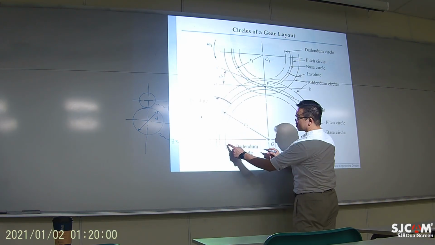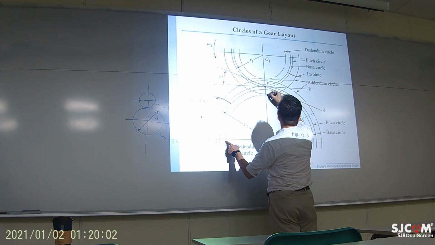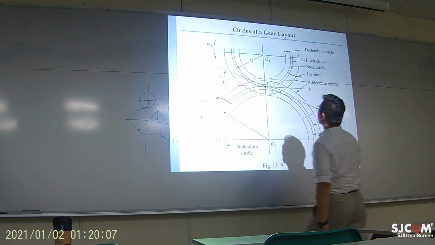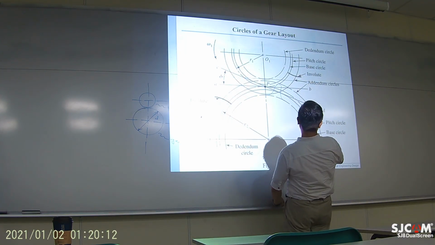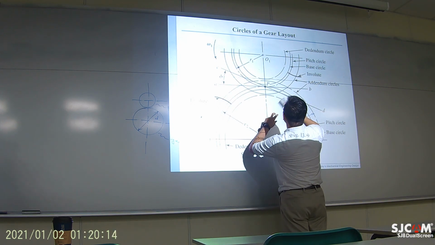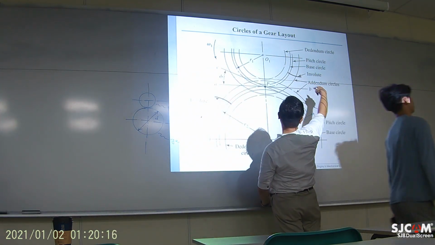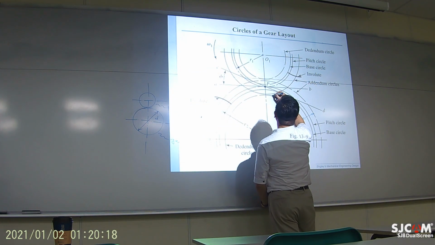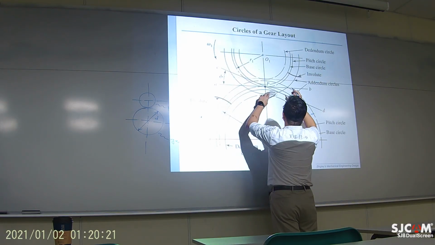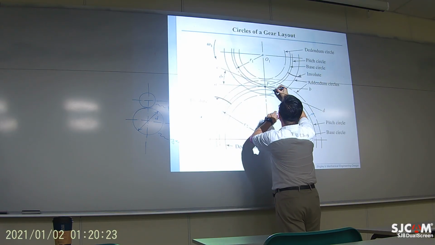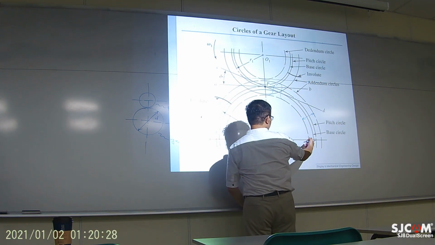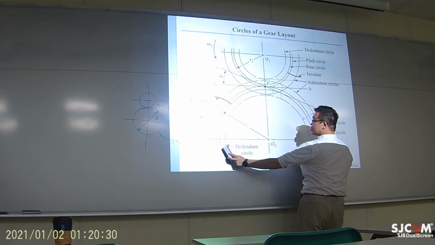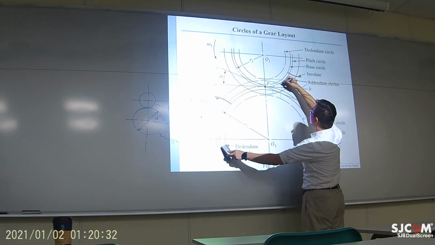So from the dedendum circle, it's like here, and then based on the drawing, it's actually up to there, because this is the addendum circle. Yeah, the addendum circle. So the tooth is like this. So from the dedendum circle up to the addendum circle.